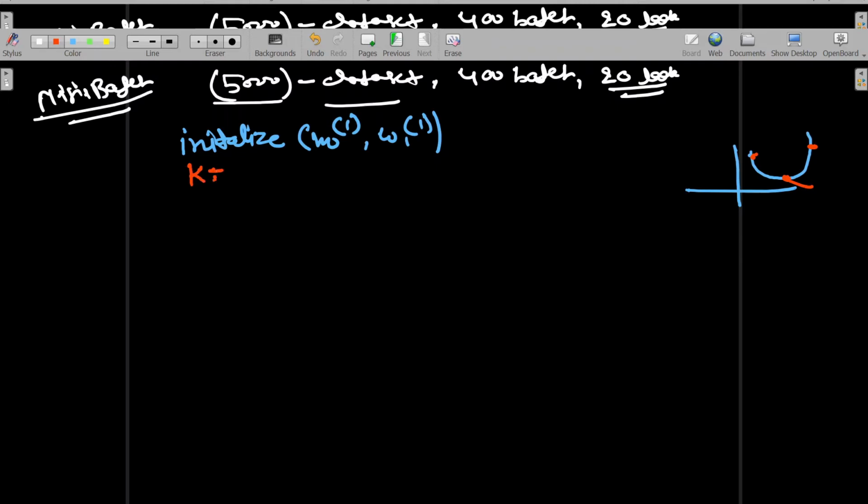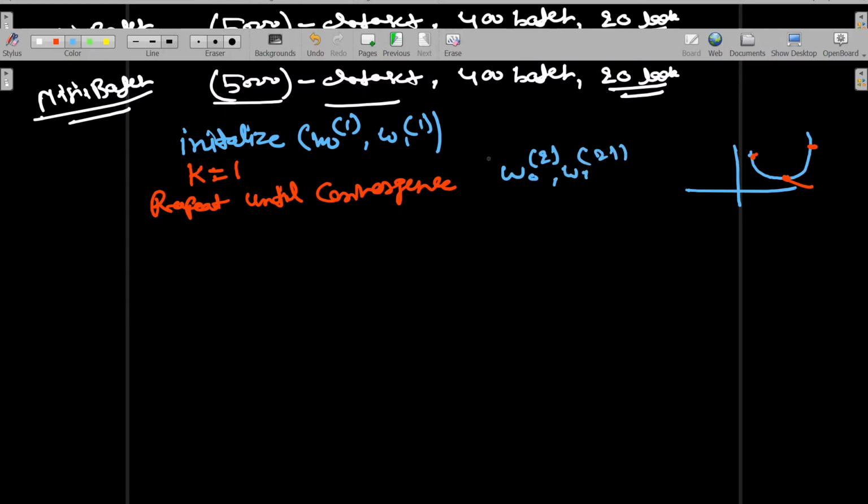Now k equal to 1, repeat until convergence. So what is this convergence? I have already explained it to you yesterday. Any two points, let's suppose the second point w0 and second point w1, if you subtract the previous points, the first w0 and first w1, the difference should be less than epsilon, where epsilon is greater than 0.